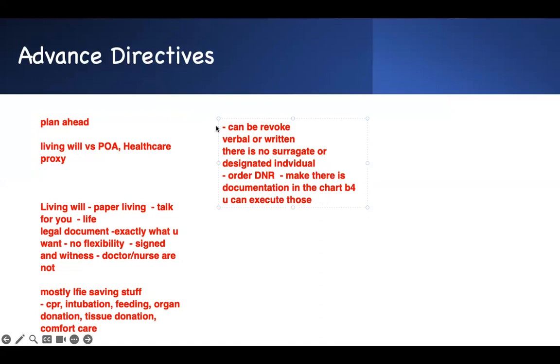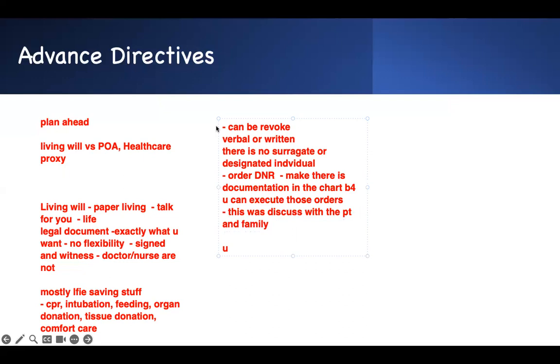So if the question says there was an order in the chart saying do not resuscitate, the next thing you ask is, where is the documentation? You call the doctor and say you need to verify documentation that this was discussed with the patient and then family member. So that is very, very important. You've got to verify it.